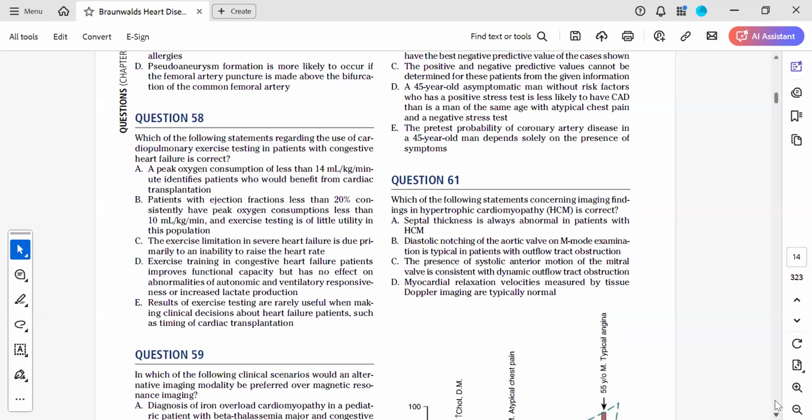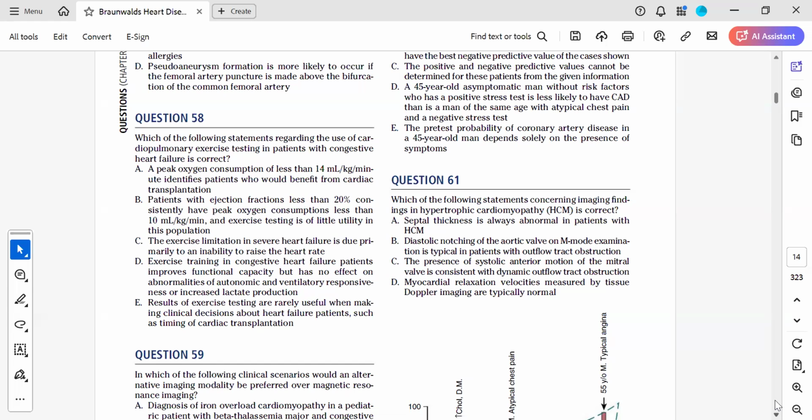D. Exercise training in congestive patients improves functional capacity but has no effect on abnormalities of autonomic and ventilatory responsiveness or increased lactate production. E. Results of exercise testing are rarely useful when making clinical decisions about heart failure patients, such as timing of cardiac transplantation.